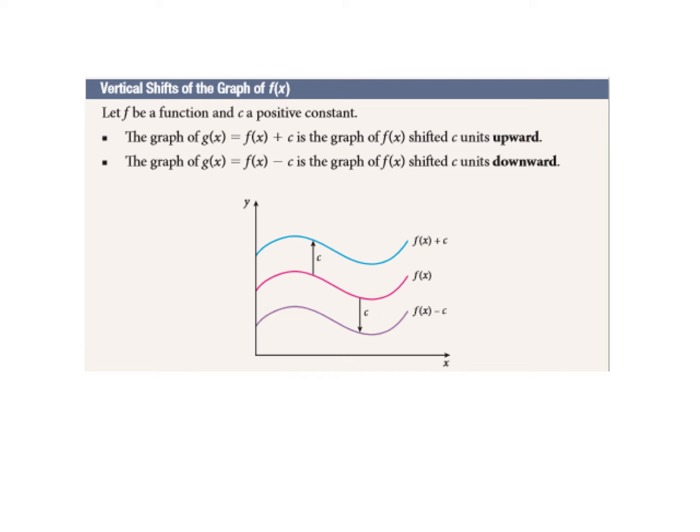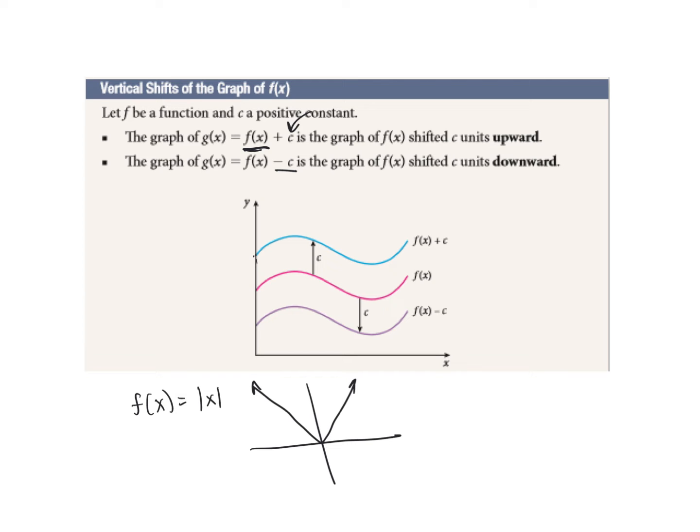Transformations. So the first thing is when you have a vertical shift of f of x, if you shift it up, like if you add c after the function, that moves it up c. If you subtract c, then it's going to move it down the y-axis c. So if I had something like f of x equals absolute value of x, we know that graph normally looks like this.